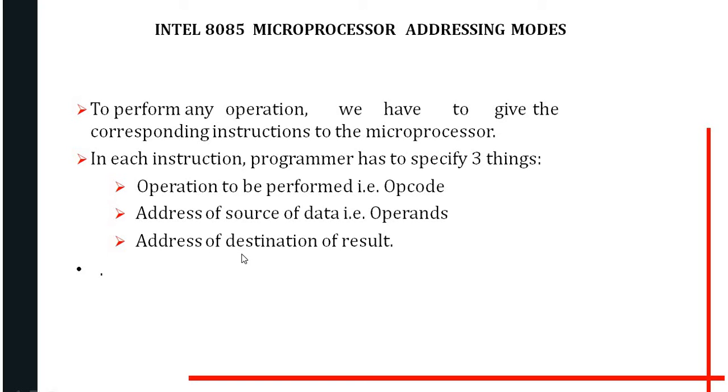The last one is the address of the destination of the result. After performing the operation, we have to store the result at a particular location. So these are the three things we have to specify in each instruction.